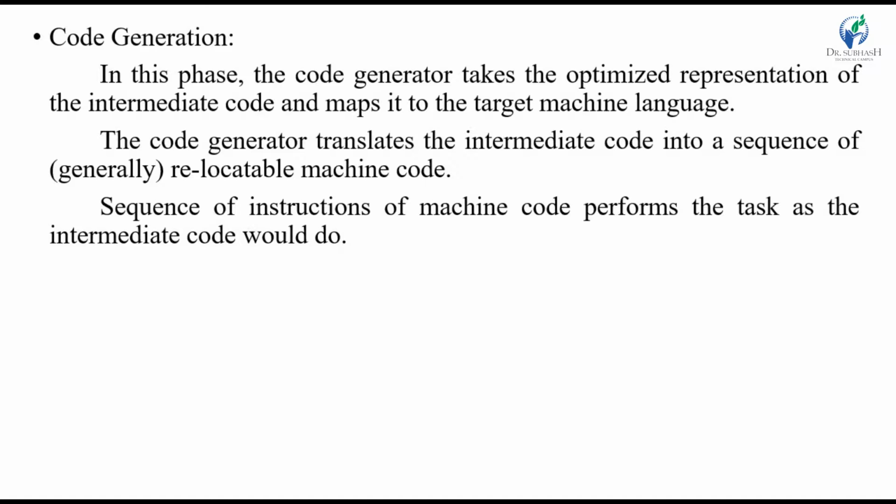In this phase, the code generator takes the optimized representation of the intermediate code and maps it to the target machine language. The code generator translates the intermediate code into a sequence of relocatable machine code. The sequence of machine code instructions performs the same task as the intermediate code would do.